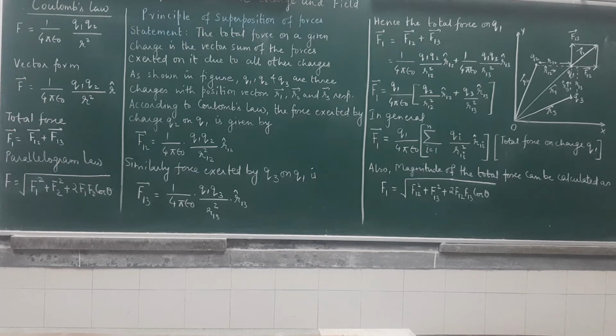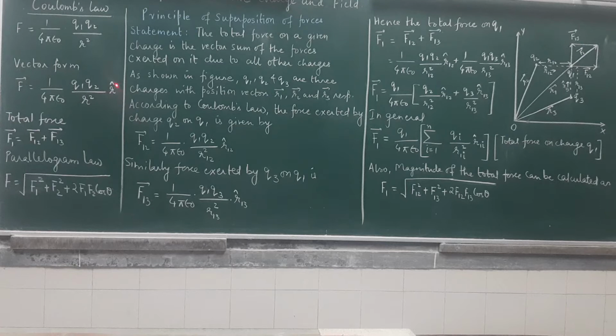Now we already have studied Coulomb's law, which states that the force between two charges is given as 1 upon 4 pi epsilon naught Q1 Q2 by R squared. In vector form, we need to introduce a unit vector r cap and a vector sign on this force.